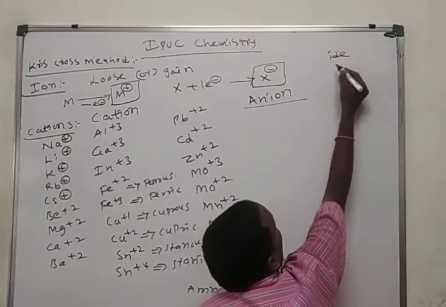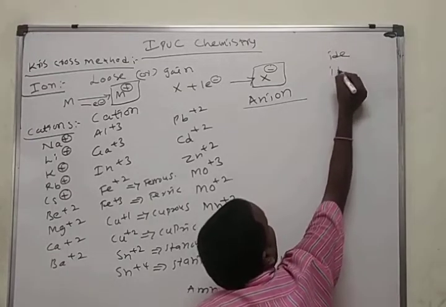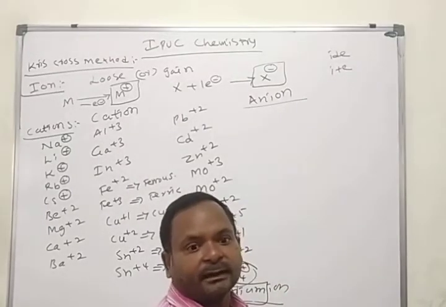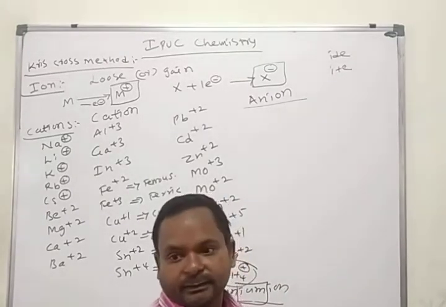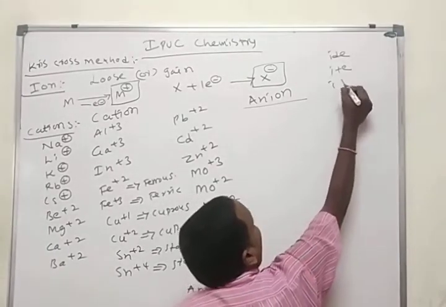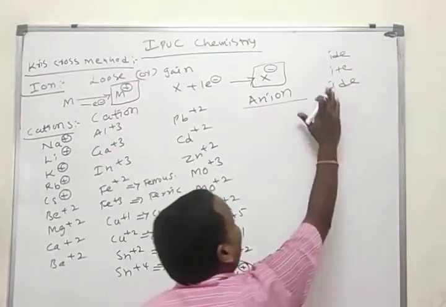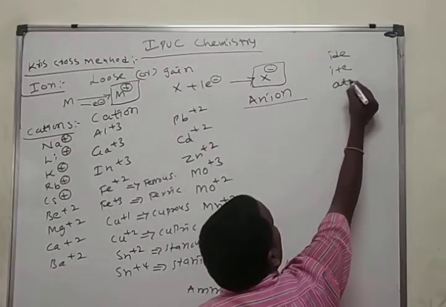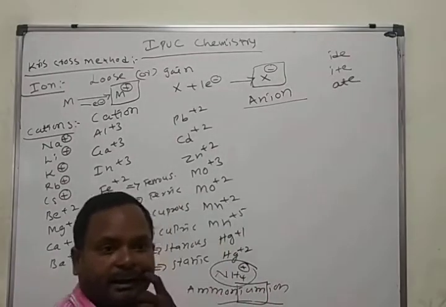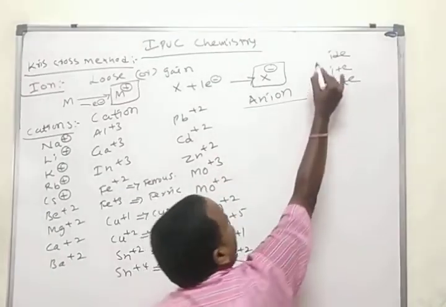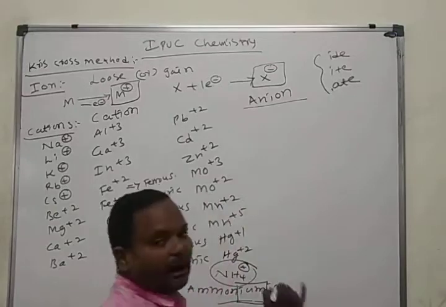Ite: nitrite, sulfite, phosphite. Ate: nitrate, sulfate. Negative ions end with these three.